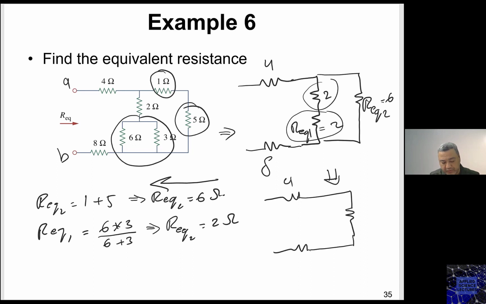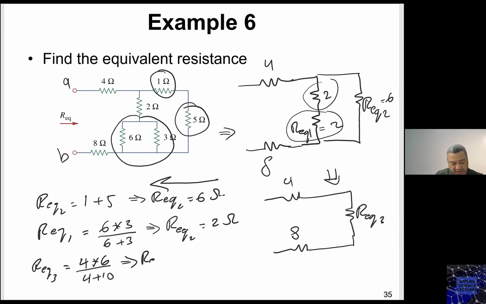Then this circuit can be simplified further, while R equivalent 3 is indeed 2 plus 2, 4, in parallel with 6. So I have 4 times 6 divided by 4 plus 6.